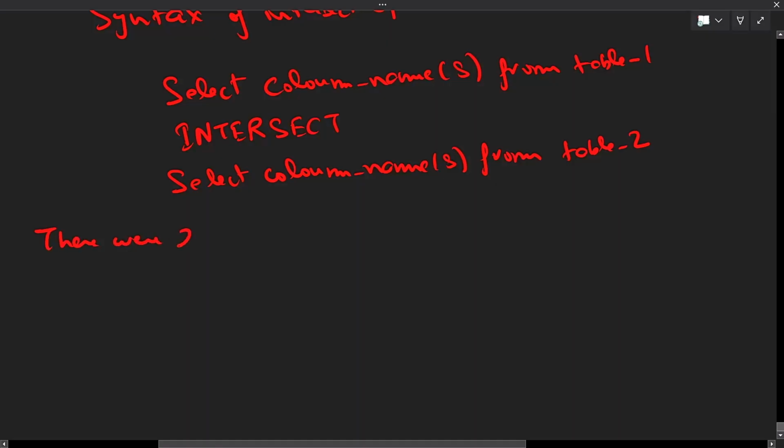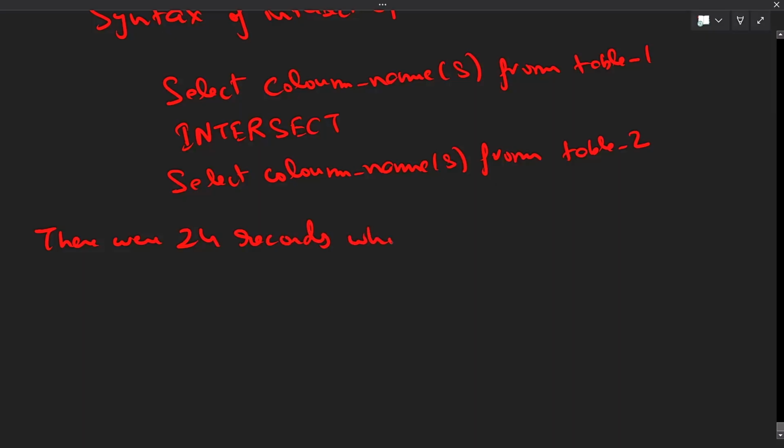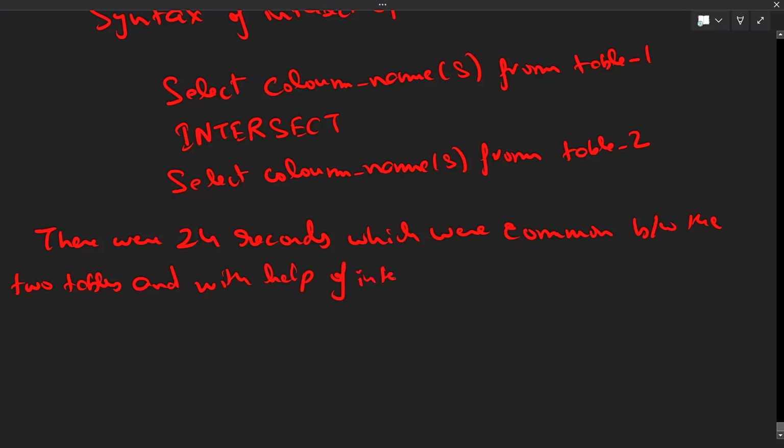There were 24 records which were common between the two tables, and with the help of intersect we got what is common.